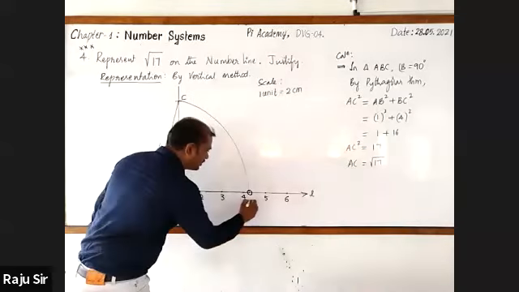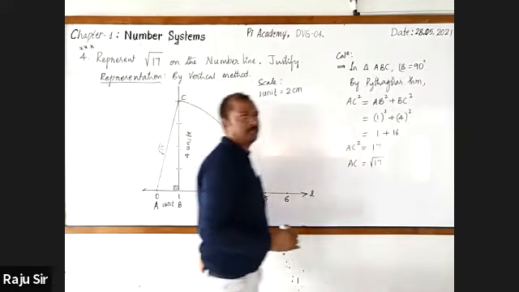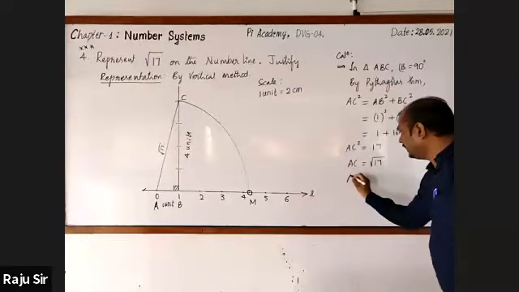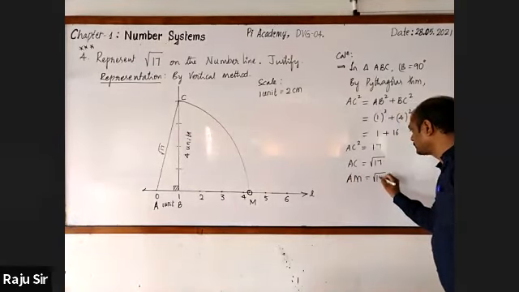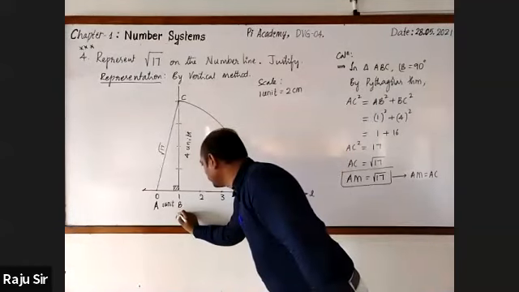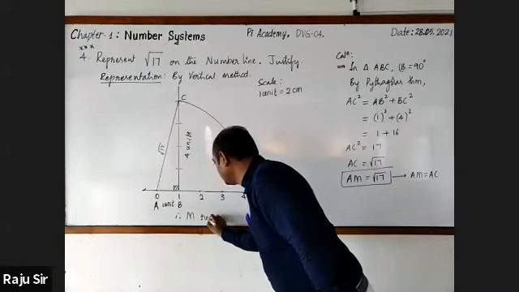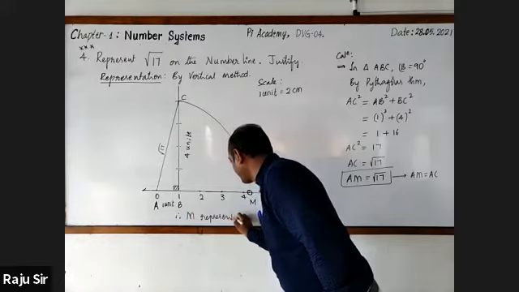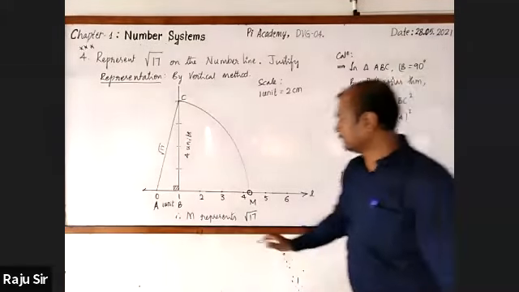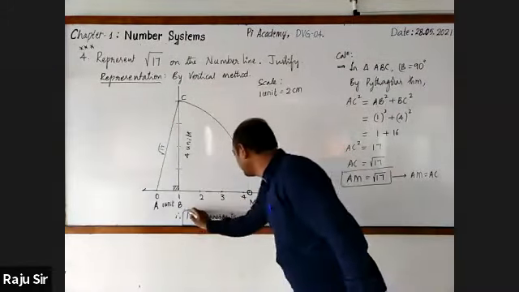Encircle that point and call it M. We know that AM is also equal to root 17 because AM equals AC. Then here you write, therefore, M represents root 17.